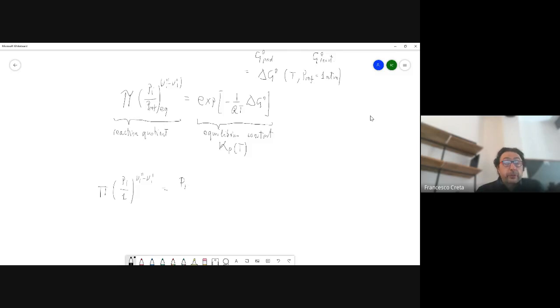So the partial pressure of species 1 to the power of nu double prime 1, sorry, plus the partial pressure P of species 2 to the power of nu double prime 2, etc., okay, up to the last species, divided by, again, all the products of the partial pressures, okay, to the power of the nu primes, okay? So that's the quotient, okay?